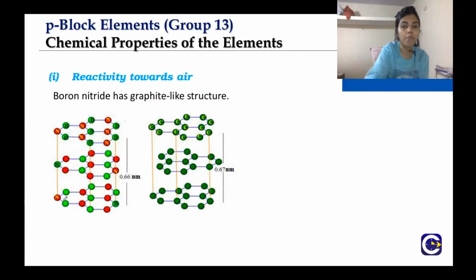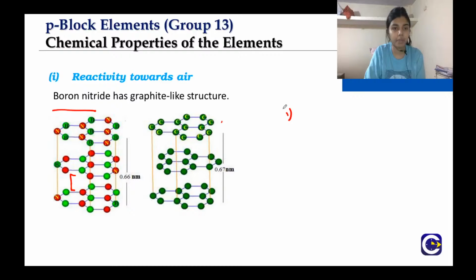Now this thing is very important. If you compare the gap between the layers, here you can see 0.67 nanometer, here you can see 0.66 nanometer. This means that the spacing between layers is less for boron nitride as compared to that of graphite, right? So 3 things you have to remember. First, how can boron nitride be prepared? By reacting boron with nitrogen at elevated temperature, right?